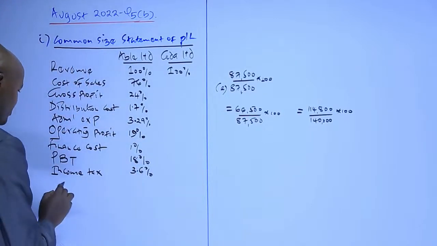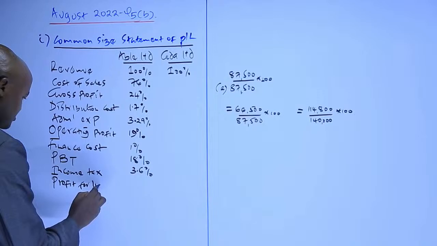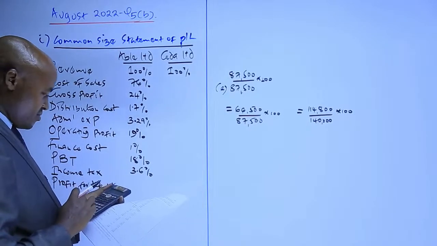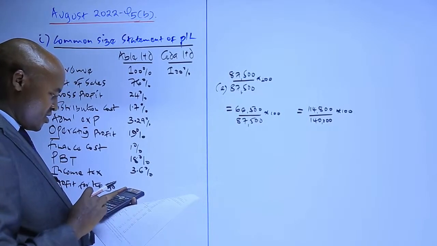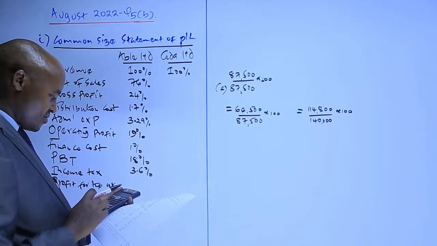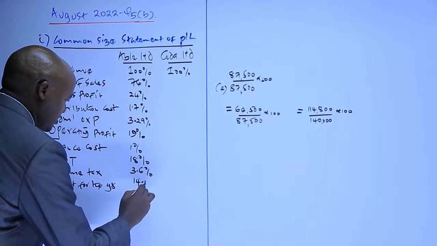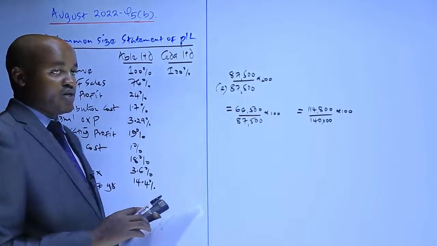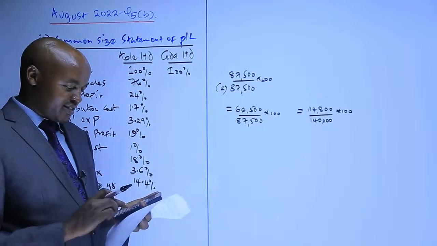And finally, we have the profit for the year, 12,600 divided by 87,500 times 100. That will give us 14.4%. So we need to repeat the same process for the other company, that is Cedar.